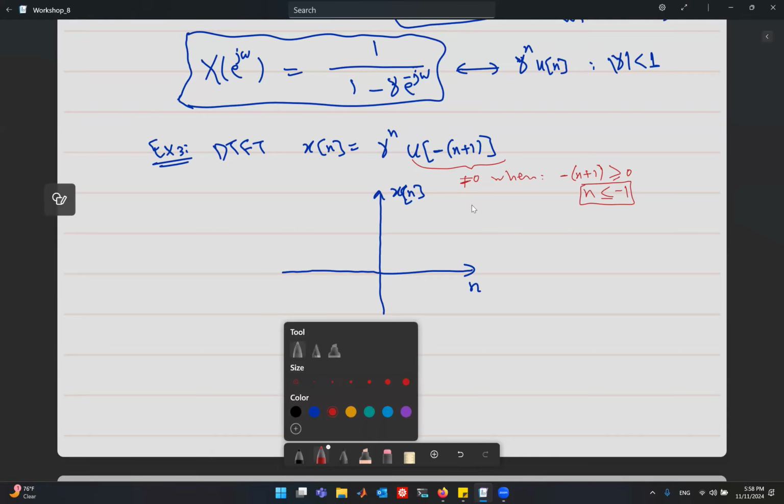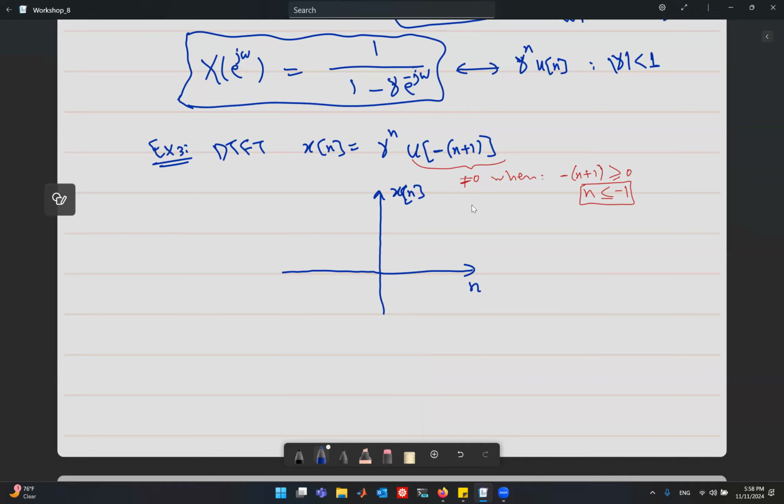So this plot will be from n equals -1, and then it will start decaying and so on.